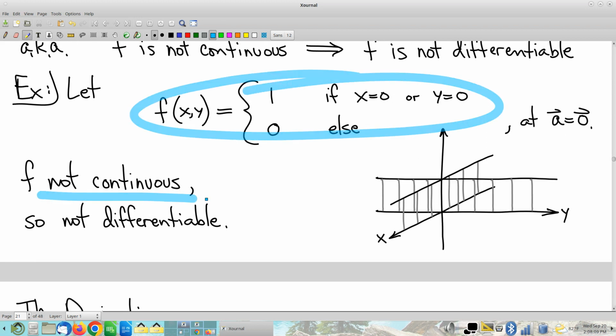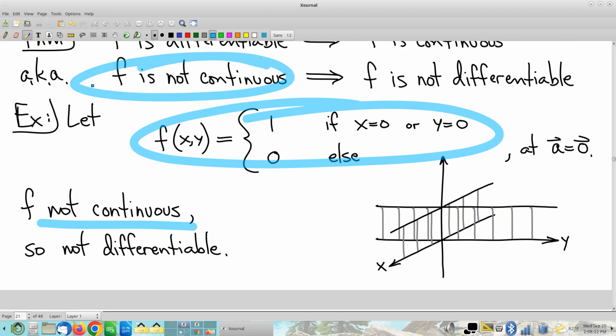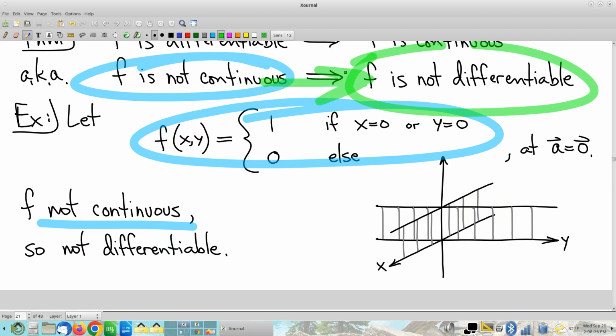It's got these jump discontinuities in it, specifically at the origin, of course. Big jump discontinuity right there at the origin. Clearly not continuous, and because of that, because it's not continuous, it follows that it is not differentiable. Does that make sense to everybody? Everybody good? Handy sometimes.